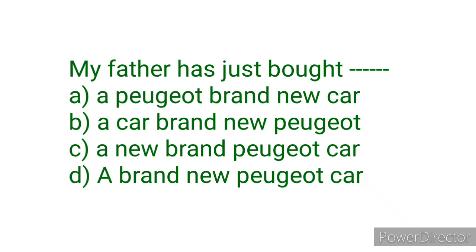Now, after the quantity, what follows is your opinion. And none of the options contains a word that shows opinion. I already showed you how to know if a word is opinionated. Now, which one is next? Yes, the size. And none of the options contains such words that show size. So we're going to skip that.